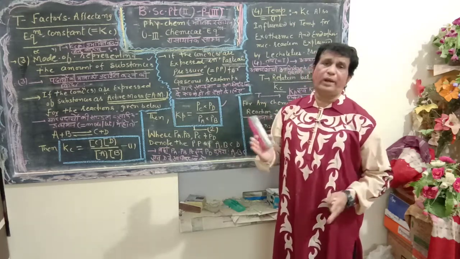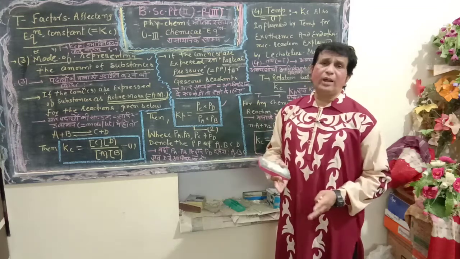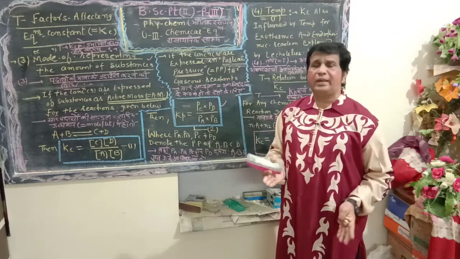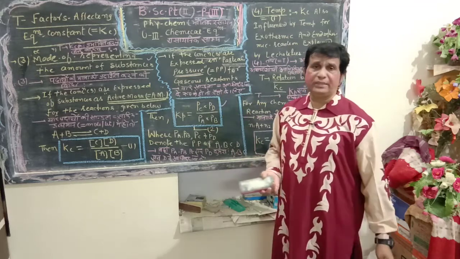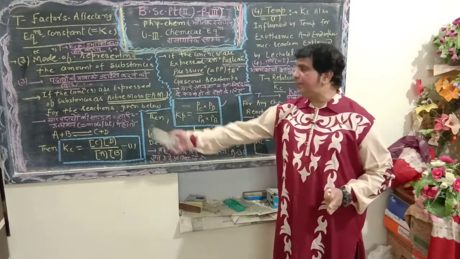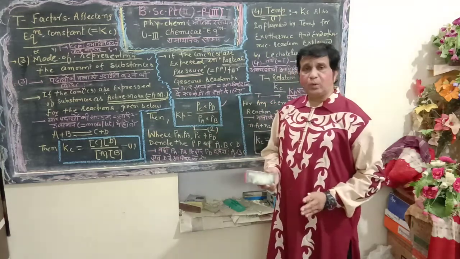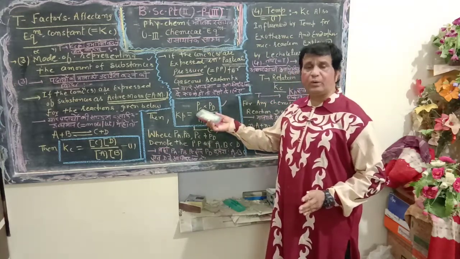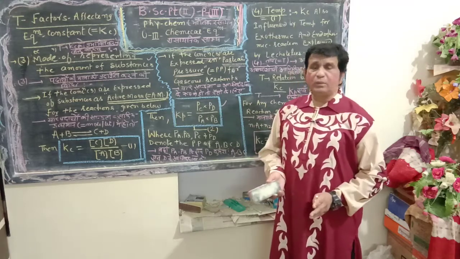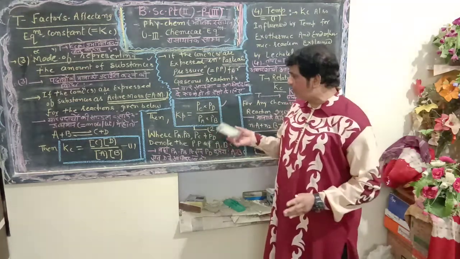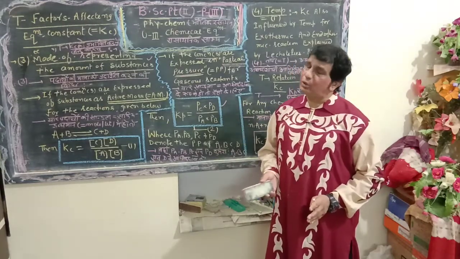Internally molecules collide, and overall the net pressure one can calculate in terms of partial pressure. In such a position, the active mass of C and D will be replaced by the partial pressure of C into the partial pressure of D upon the partial pressure of A into the partial pressure of B. Say that is equation number 2.